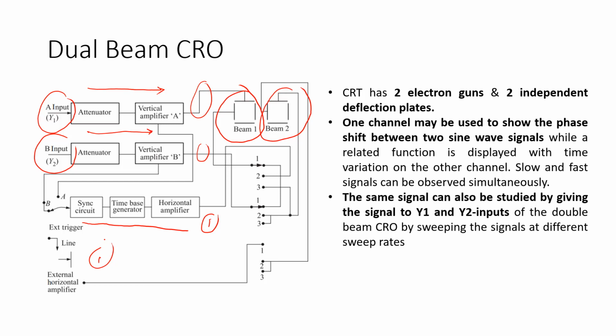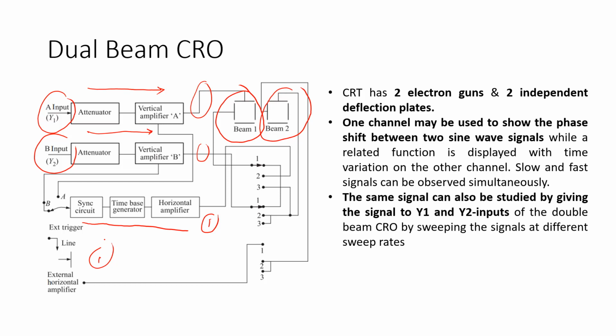And we can see here the CRT has two electron guns and two independent deflection plates. If we want to check the characteristics of the signal, we can use this dual beam here.